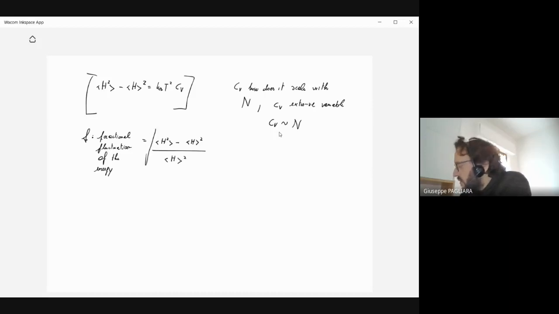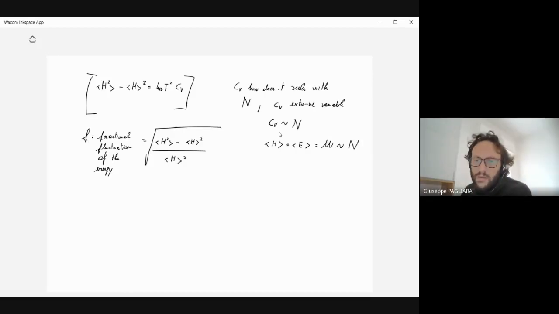And let's put a square root because those are squared. Now it's easy to realize that the average of H, which is the average of E, is equal to the internal energy, and this scales as N, the number of particles, again as C_V.